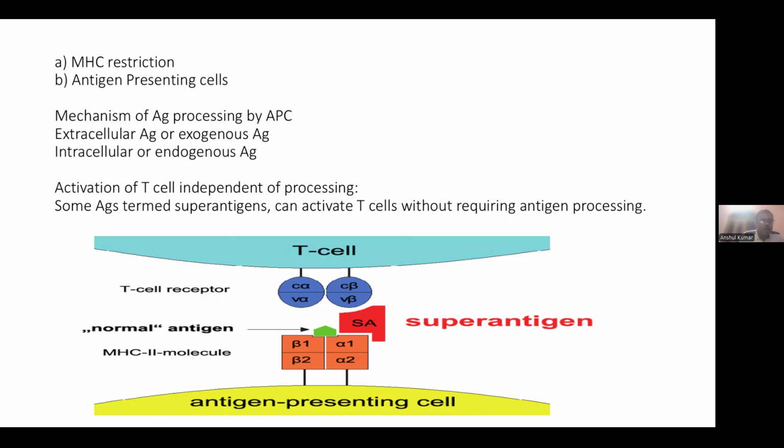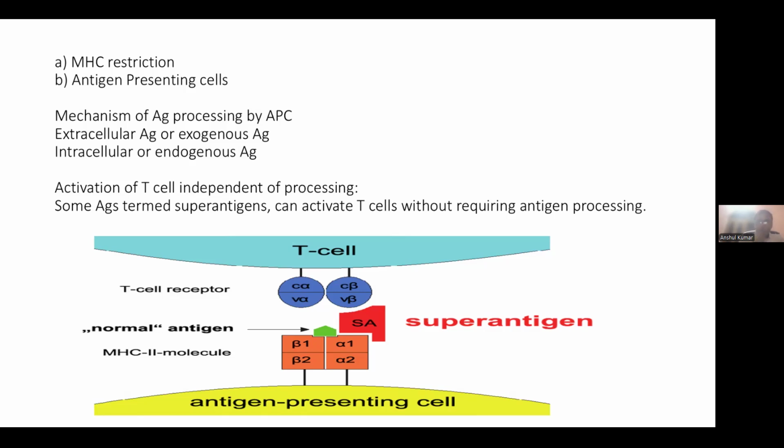This binding is not a part of the typical MHC antigen binding site complex. As a result of this binding, they activate and expand a large percentage of T cells, leading to severe systemic complications. Super antigens include bacterial exotoxins such as staphylococcal exotoxin, or some retroviral antigens.